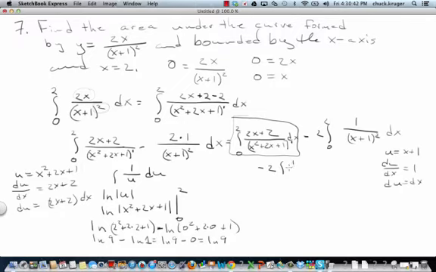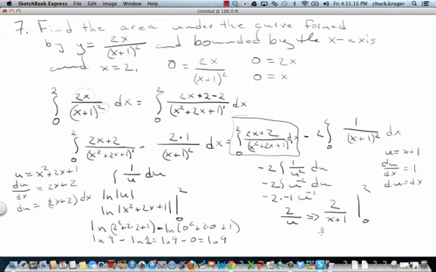And I'm going to have 1 over u squared du. That's a negative 2 integrating u to the negative 2 du. And that means I have a negative 2 times a negative 1 u to the negative 1, which gives me 2 over u, which means I'm evaluating 2 over x plus 1 from 0 to 2.